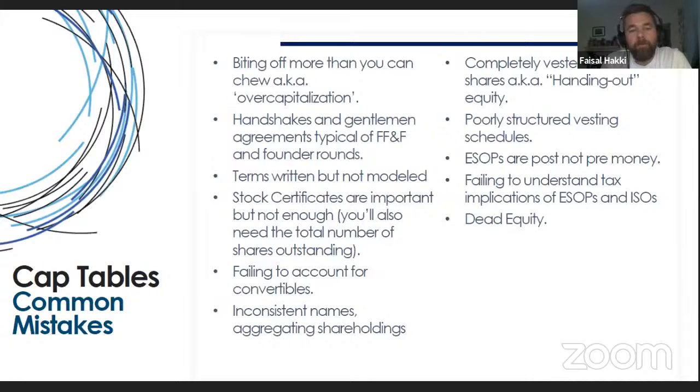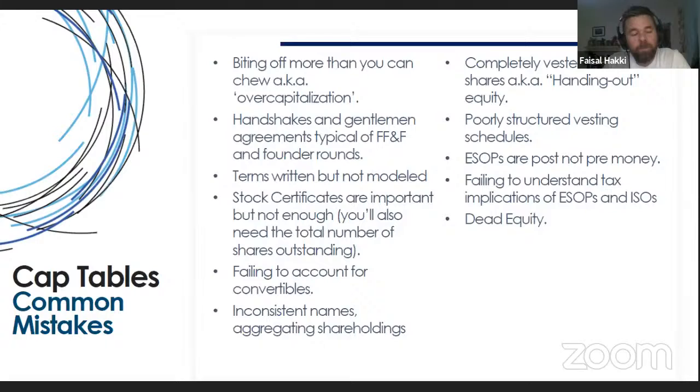So never take money from friends and family, even if they're your sisters, brothers, parents, without writing something down. That is important for us as incoming investors. Write everything down, have it proper, have it filed. You'll be very thankful that you did that later on.